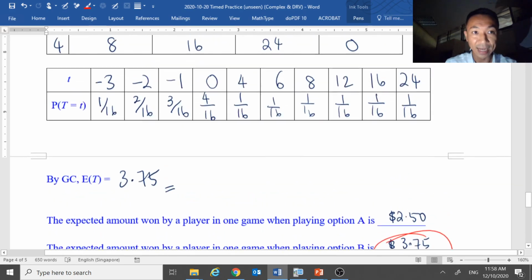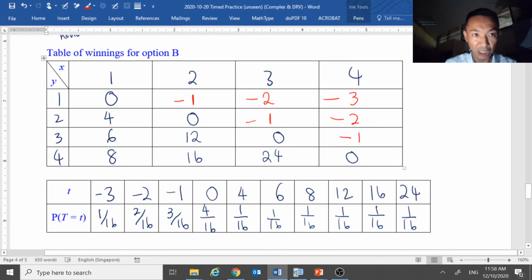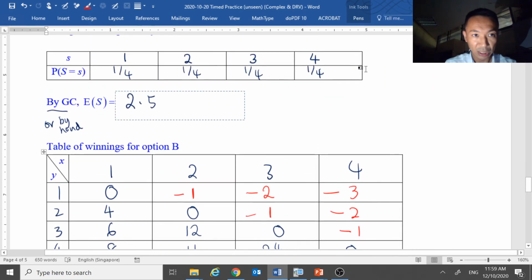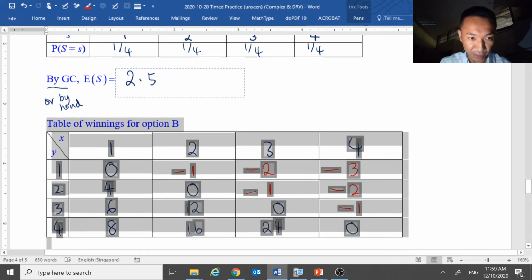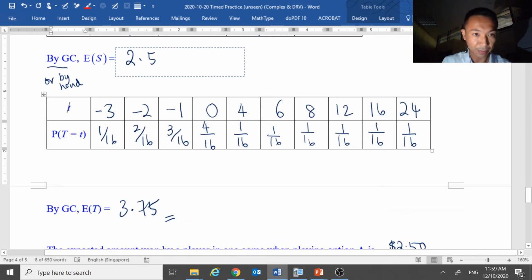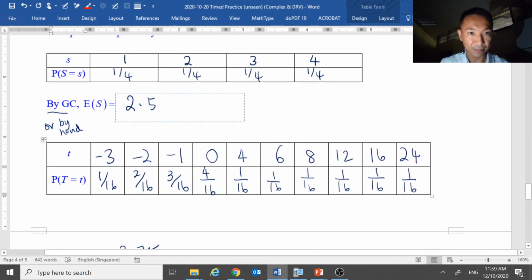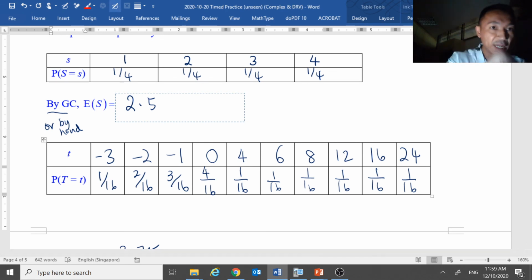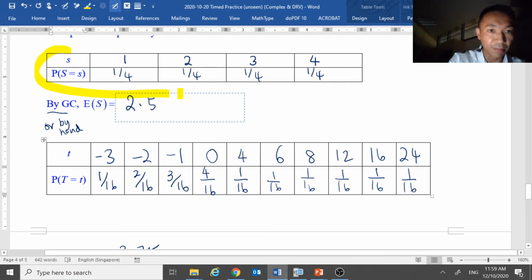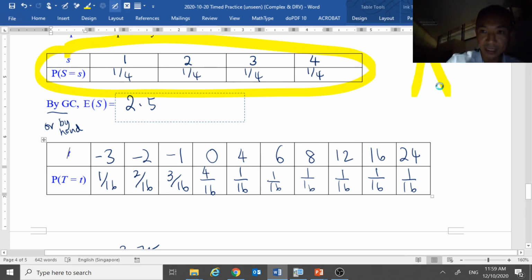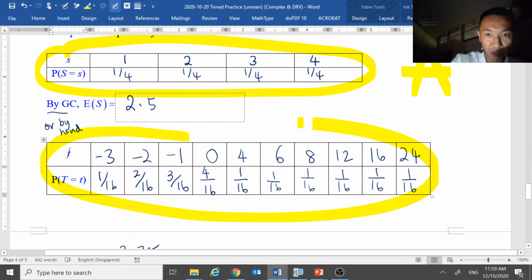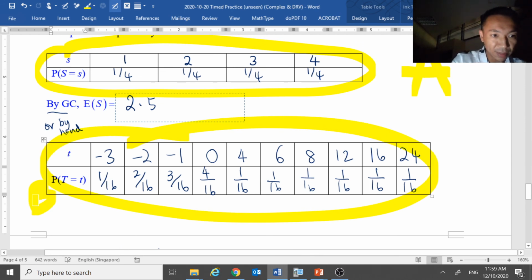The answer lies here. Maybe I will delete this one first, then you can see this better. Let's focus on the probability distribution for A. This is A. Then the probability distribution for B. This is B, right?